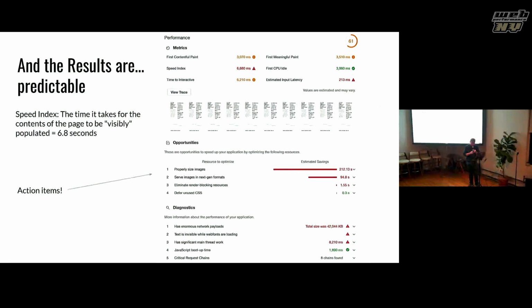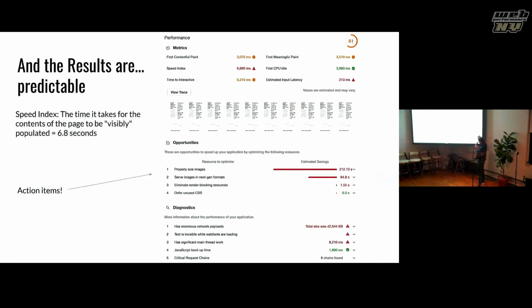So here is my lovely website, PerfCrunch. You can see that my speed index is nearly 7 seconds, 6,680 milliseconds. And that is the time that it takes the contents of the page to be visibly populated. And like I said, it's very opinionated. They're telling me, oh, look at your images.